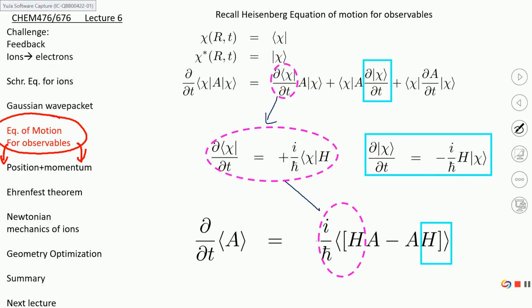From here to there, and here to there. So here we have bra, A, ket. Here we accumulate this factor, sign, and also the Hamiltonian, right? We just get it from the Schrödinger equation. Therefore, here we get chi H A chi, and here because of the swap we get chi A H chi. Just plug in.